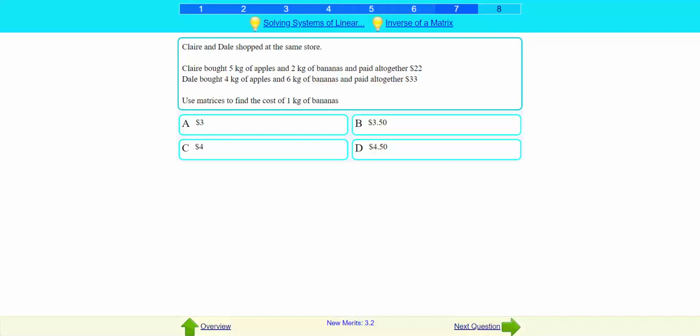Now if we put this in matrix form, we would have 5 and 2, 4 and 6, where you multiply this by A and B, the second matrix, and you should be getting 22 and 33. Right.